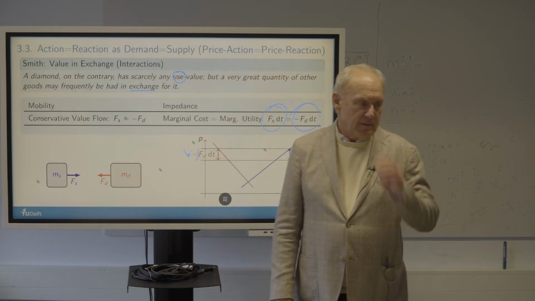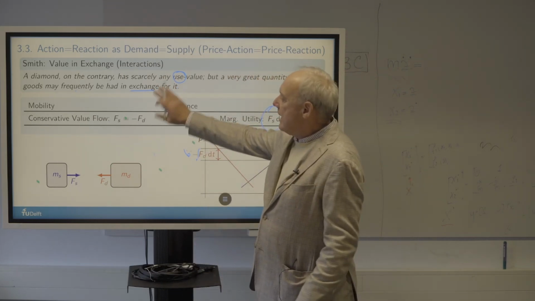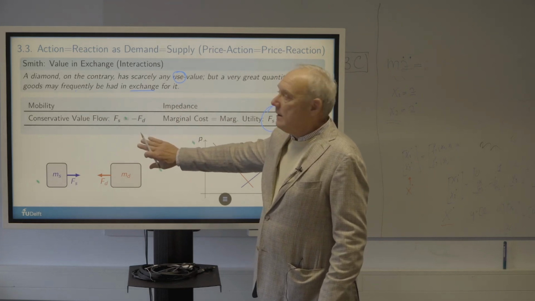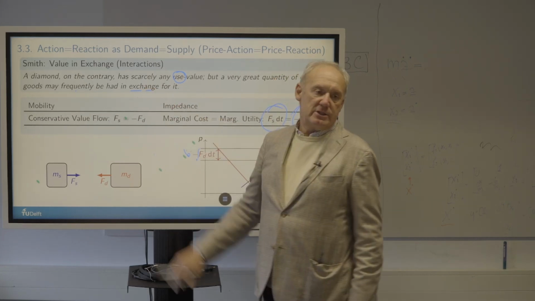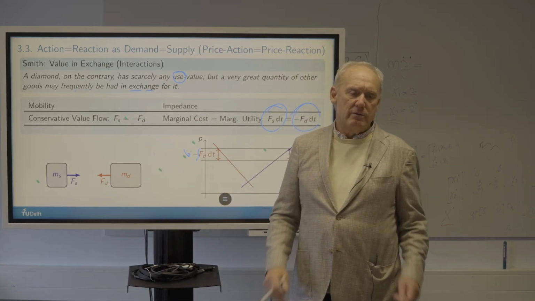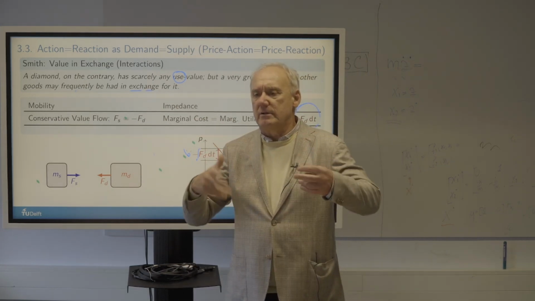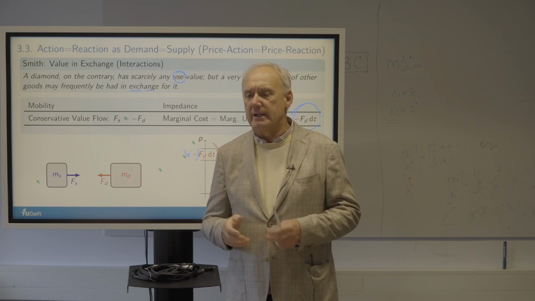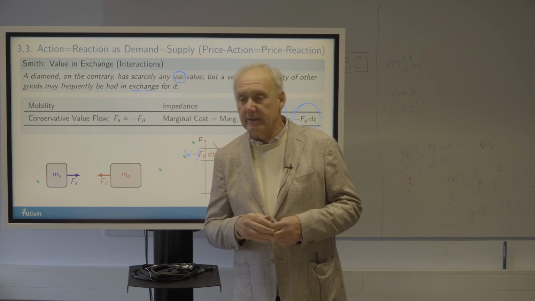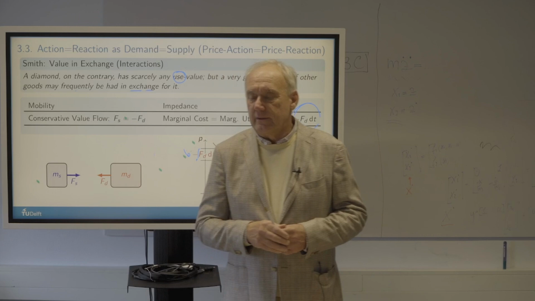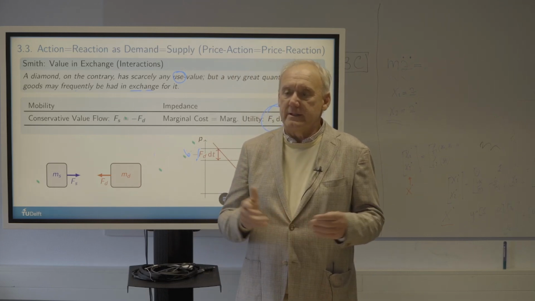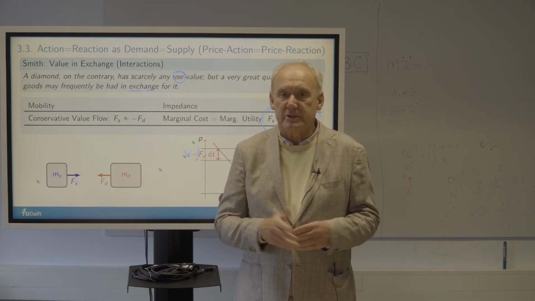You can make some tools out of it, maybe, a very hard saw. But when Smith uses value, or when we use value here, we must mean value in exchange. Value in use is something you can just look at yourself and determine. Well, I really need water, but a stone doesn't need water.